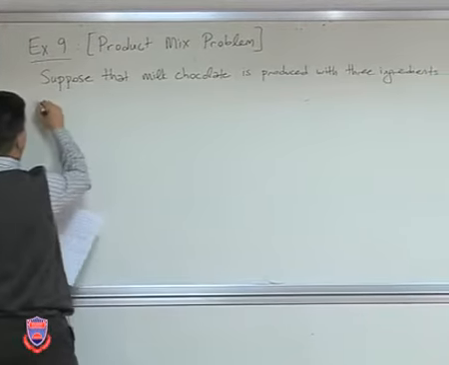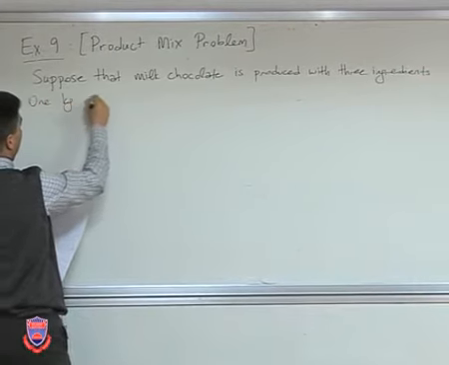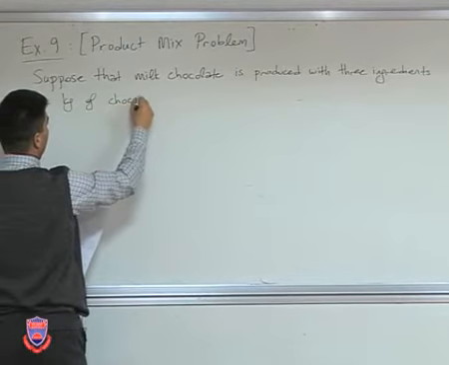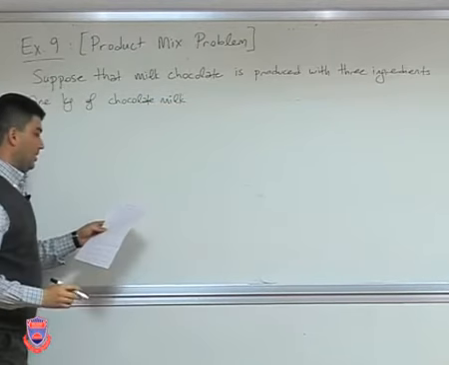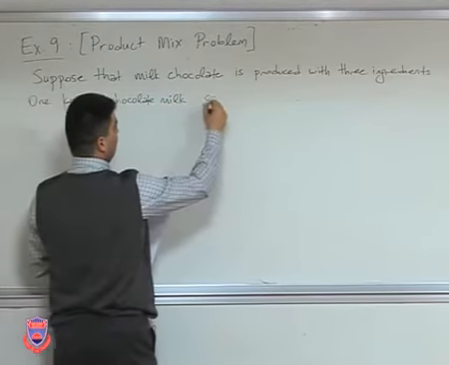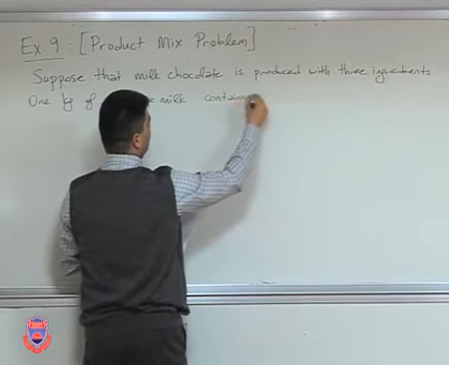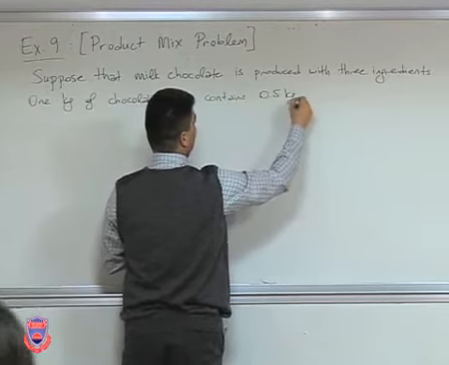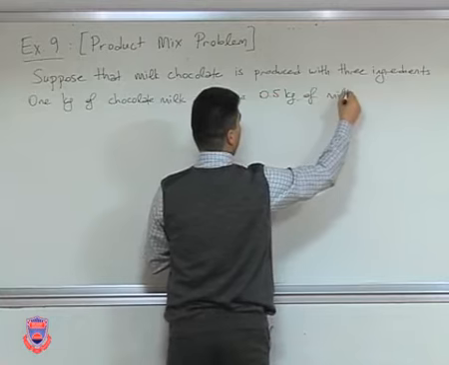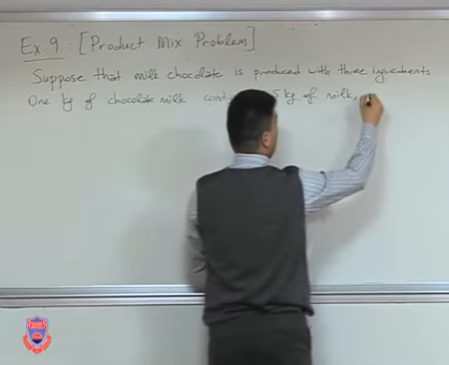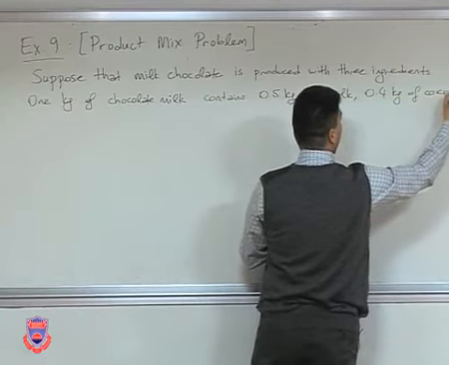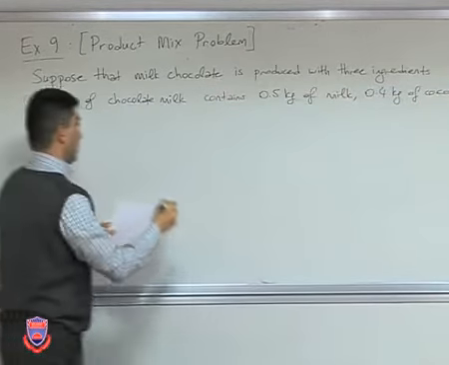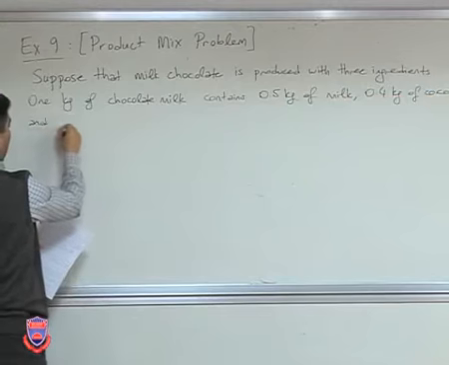So 1 kilogram of chocolate milk contains half a kilogram of milk, 0.4 kilograms of cocoa, and 0.1 kilograms of sweetener.